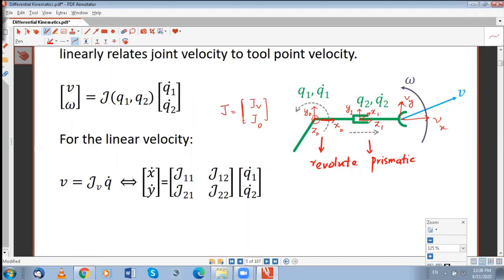And there is no way there could be a Z component because the arm cannot come out. It is a rotary joint, so this arm will never make a motion towards you. It will always stay in the plane. Okay? So let's go and do the derivation.